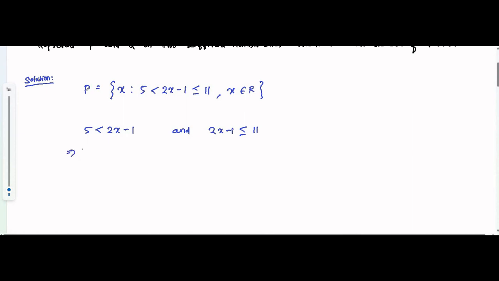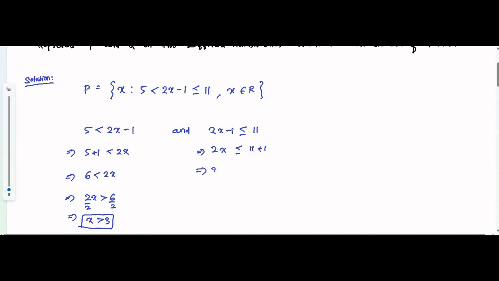So that implies, if we take this minus 1 to the LHS side, we have 5 plus 1 lesser than 2x. That implies 6 is lesser than 2x, or we can write it as 2x is greater than 6, or dividing both sides by 2, we have x greater than 3. This is the first part, and then we have 2x is lesser than equal to 11 plus 1.